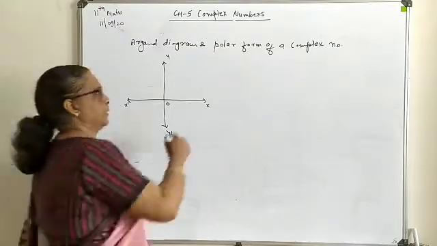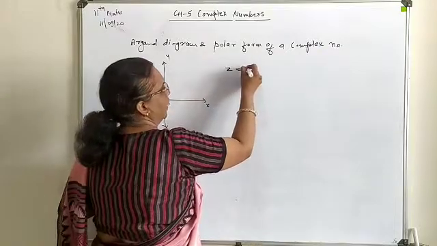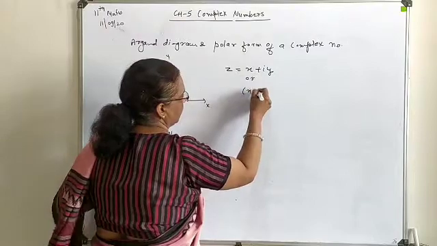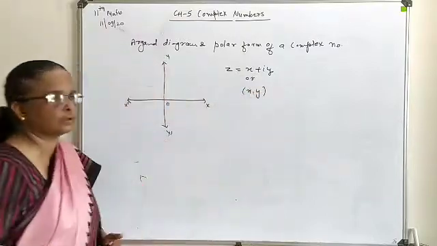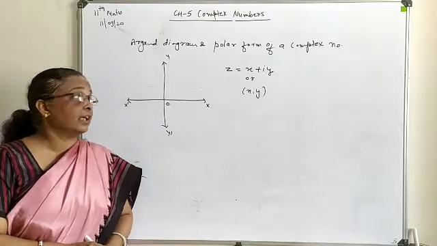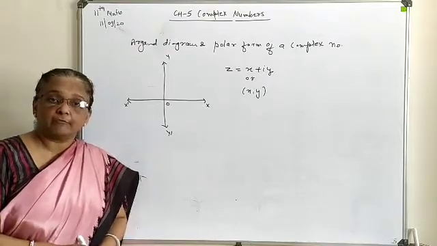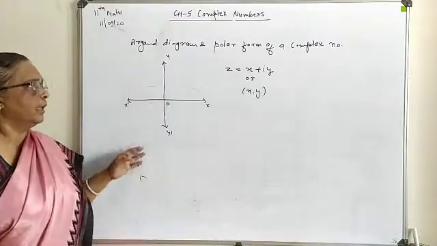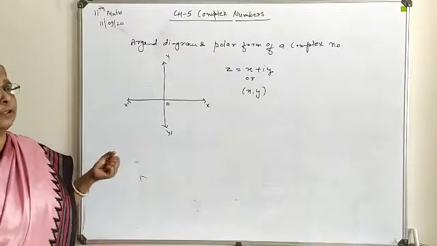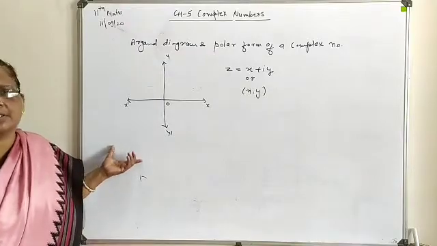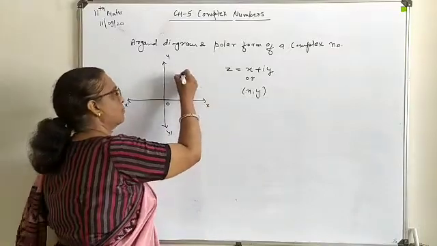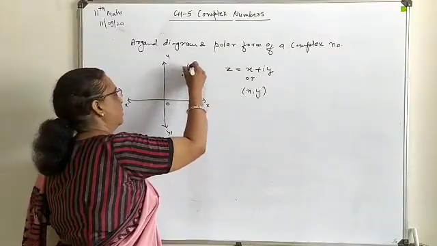In the same manner, if any of the complex number that normally we express in this form, or in the beginning of this chapter I told you in terms of ordered pair also, you can represent. So this way, if this point x comma y, if you represent on a graph, it is known as the Argand diagram. Because the complex number you are going to represent on a graph, it is called the Argand diagram. So x and y both are carrying positive values. So here anywhere this point you can represent.